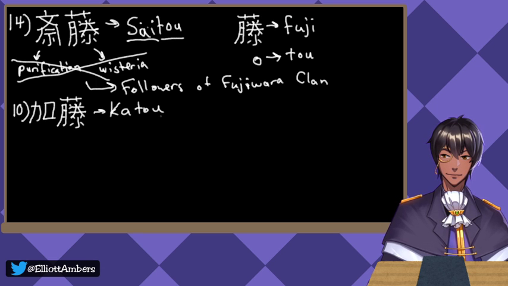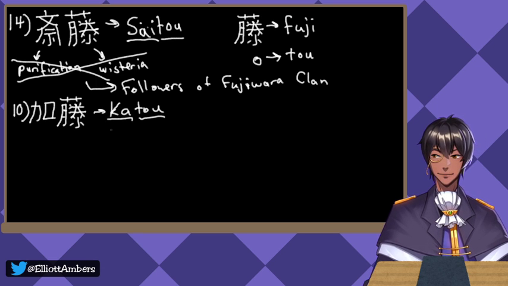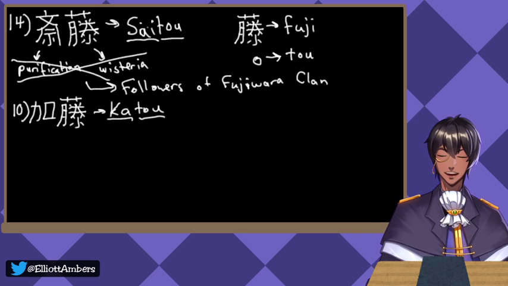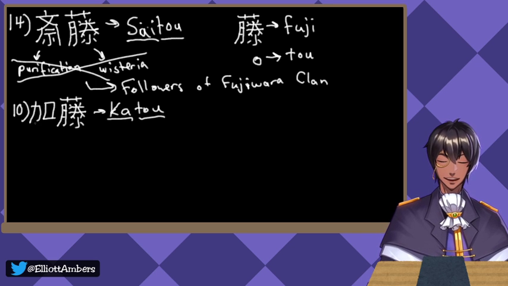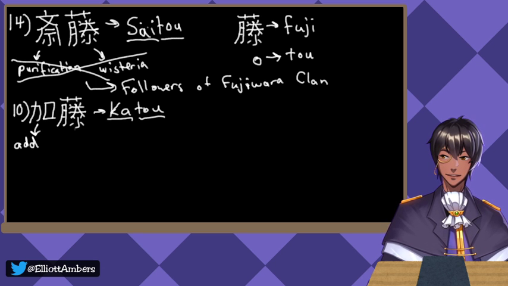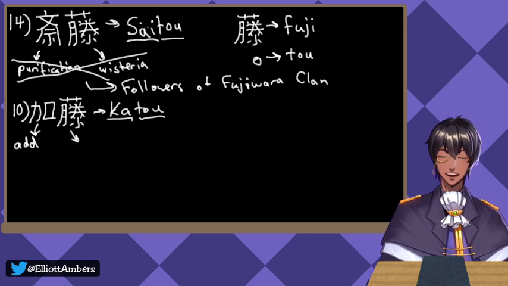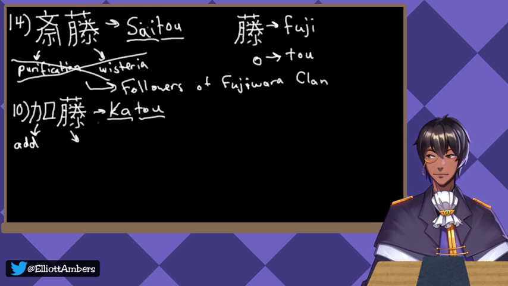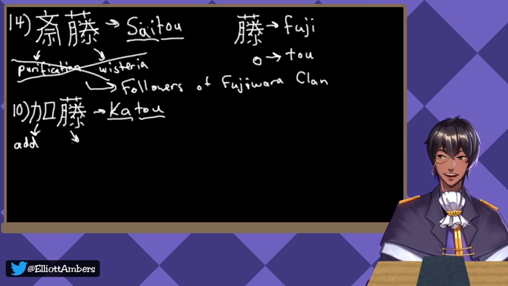And this one actually makes sense when you think about the readings now. Ka is add or addition, while To, again, is a representation of that Fujiwara clan, of members or people who worked with the Fujiwara clan. That's what I'm going to mark this as.